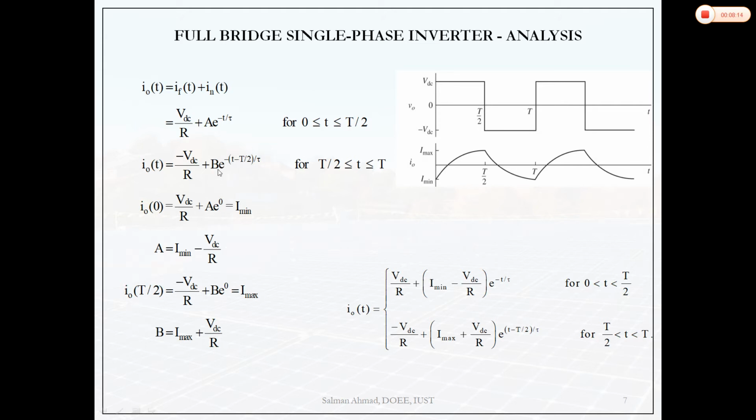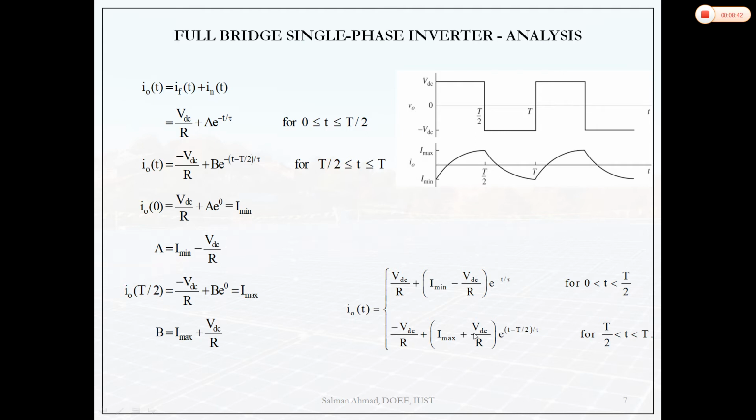So B into 1, and we find B is I max plus VDC upon R. If we substitute these values in these expressions, we can write the expression for the current. So the output current is VDC upon R plus I min minus VDC upon R, times e to the power minus t upon tau, with t lying between 0 to T by 2, that is for the half period.